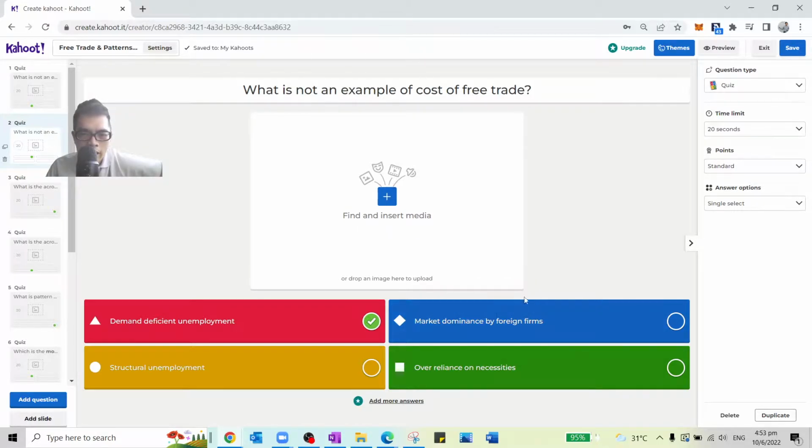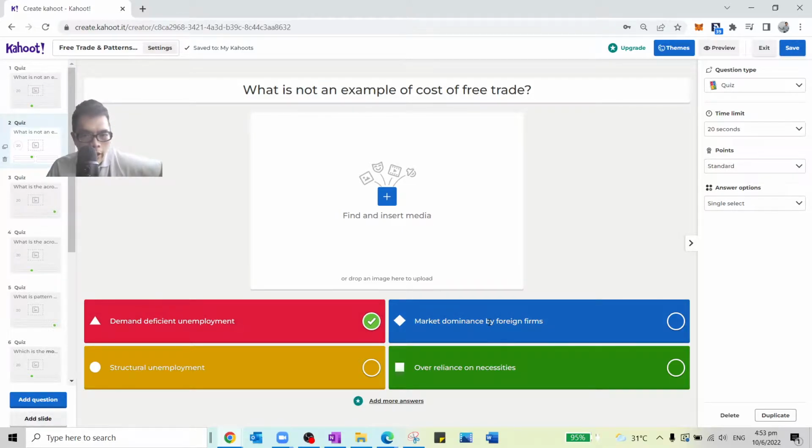The concept behind market dominance is that foreign firms, especially foreign imports, disrupt domestic production with cheap imports, and they establish market dominance in the domestic market. So yes, demand-deficient unemployment is not a cost of free trade.